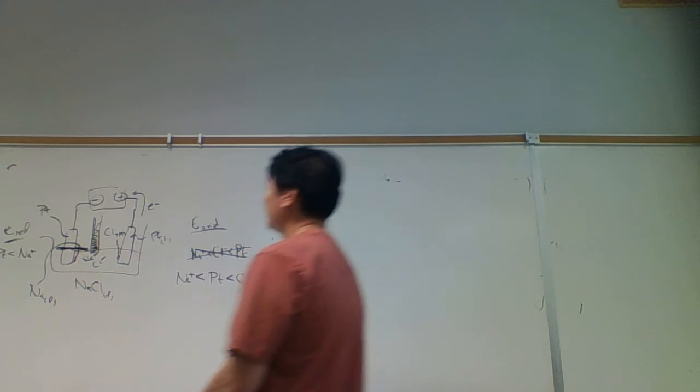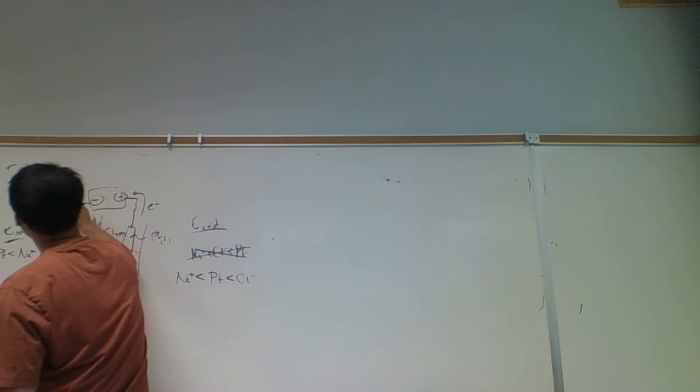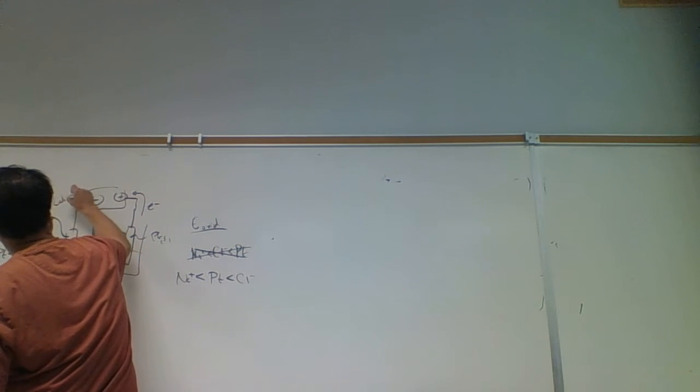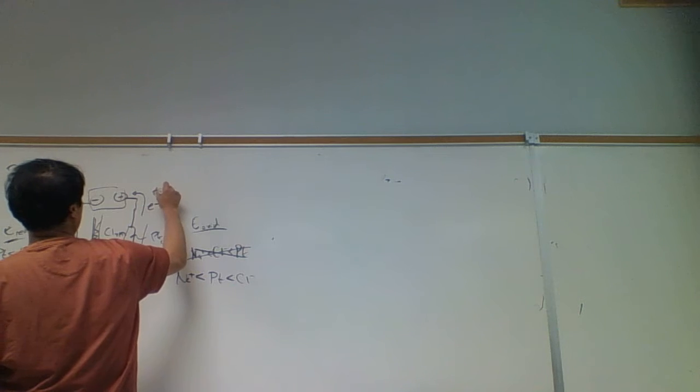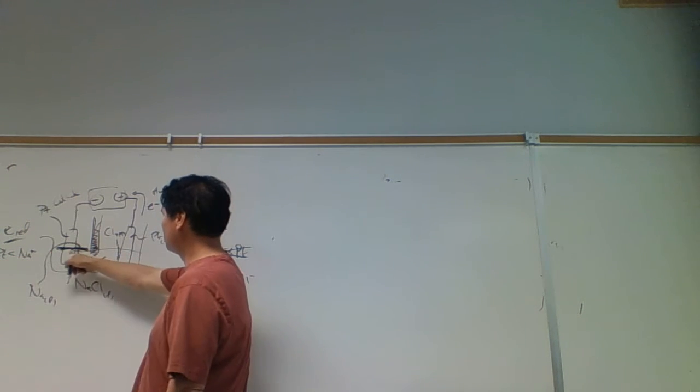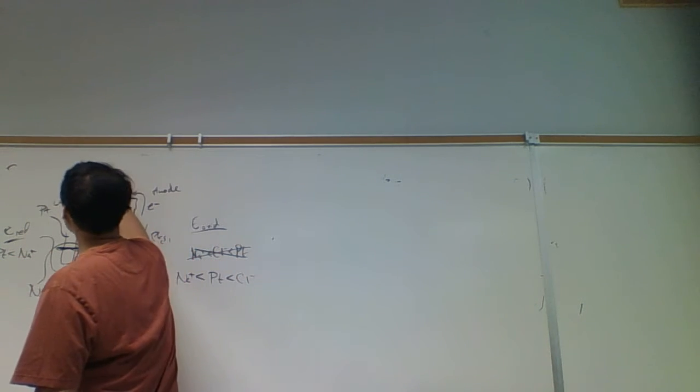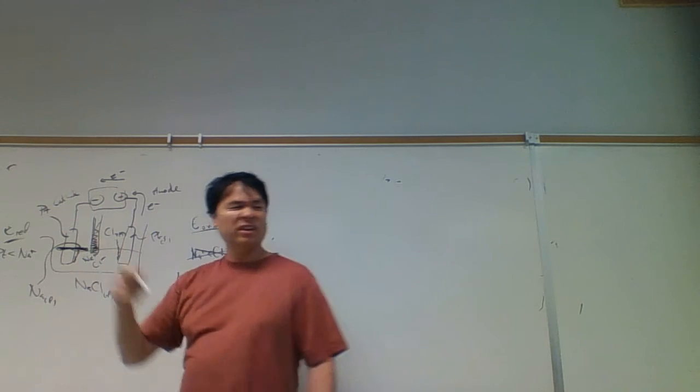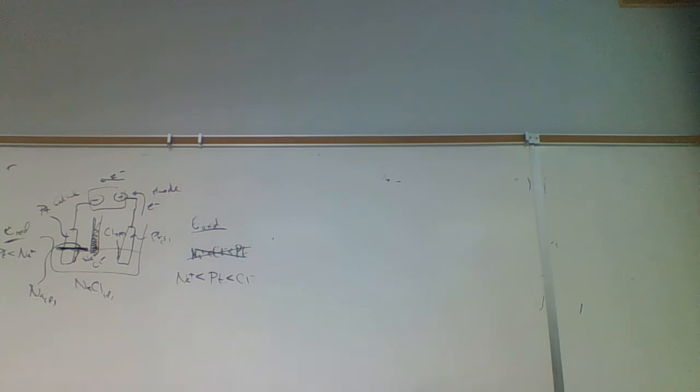And so this is the cathode, and this is the anode. For electrolytic cells, we write them backwards. There's a cathode on the left, anode on the right, and electrons flow the opposite direction. And so here at the cathode, we're going to have liquid sodium form. At the anode, we're going to have chlorine gas form.